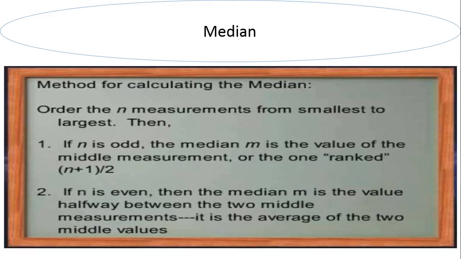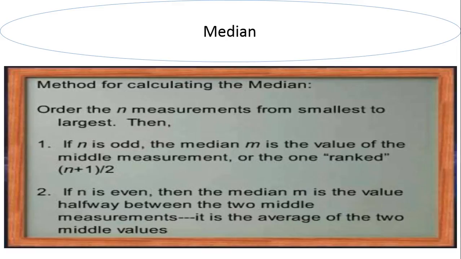The first case is where the number of measurements, from smallest to largest, is an odd number. When you have an odd number, the median m is the value of the middle measurement, or the one of rank (n plus 1) divided by 2.